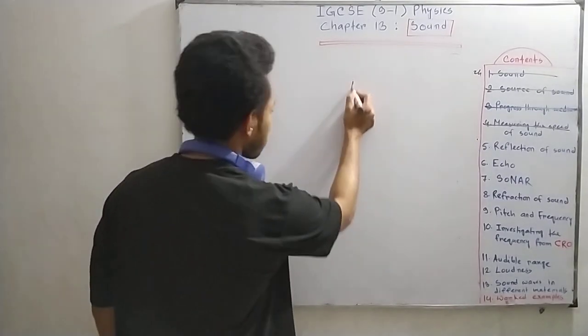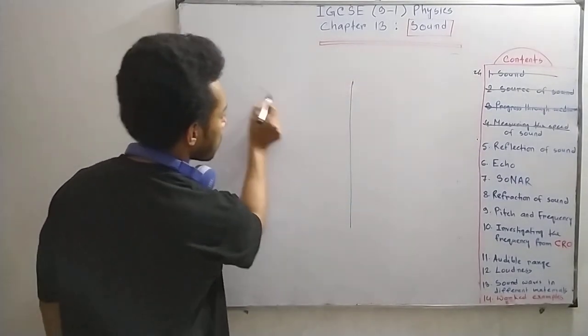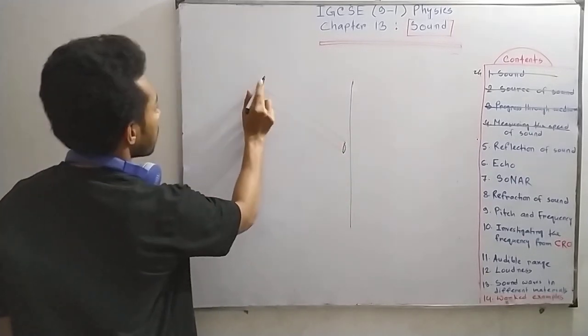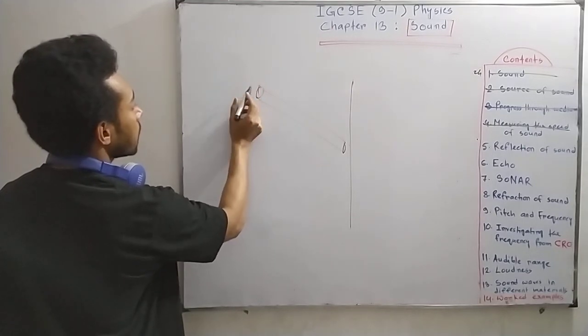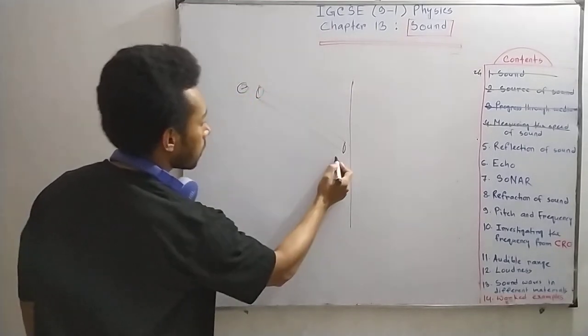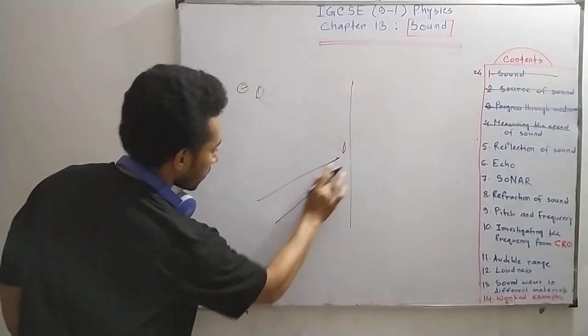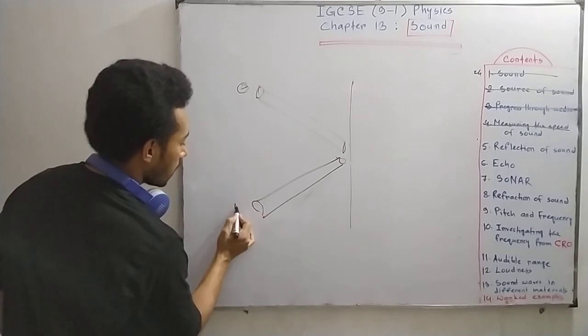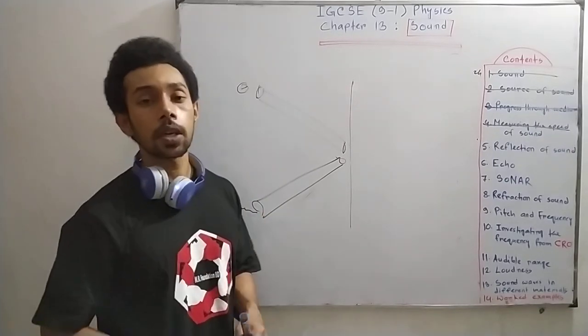For example, this is a large wall, this is a pipe, and if you have a sound source, for example a ticking clock here, place another pipe, and from this position you will be able to hear the sound.